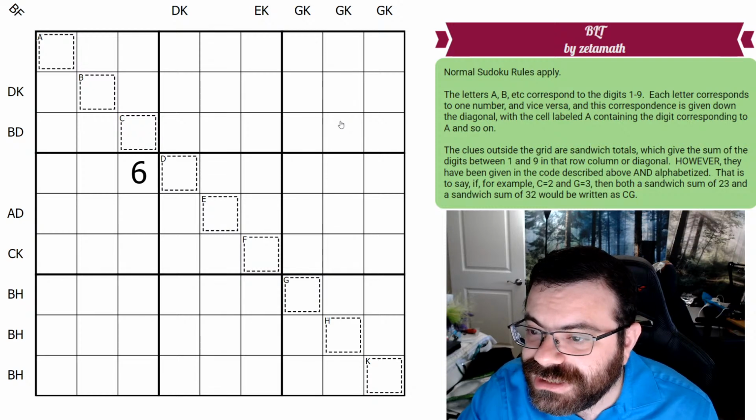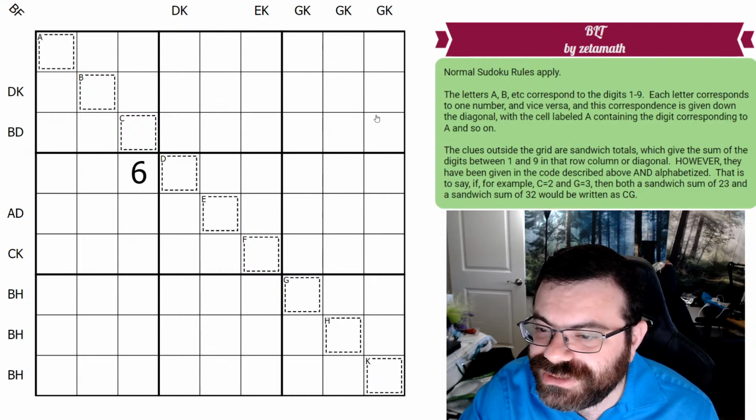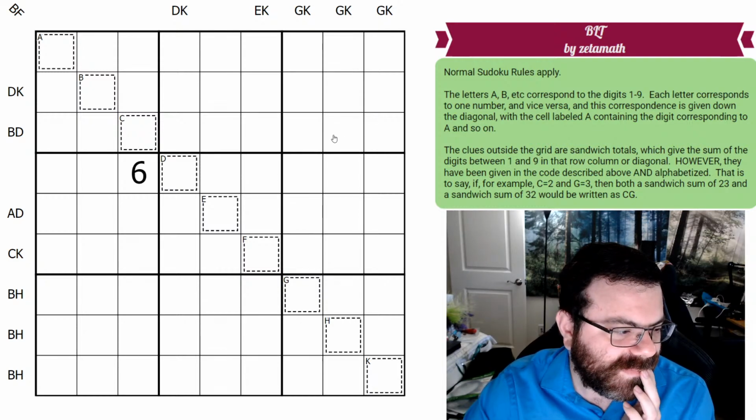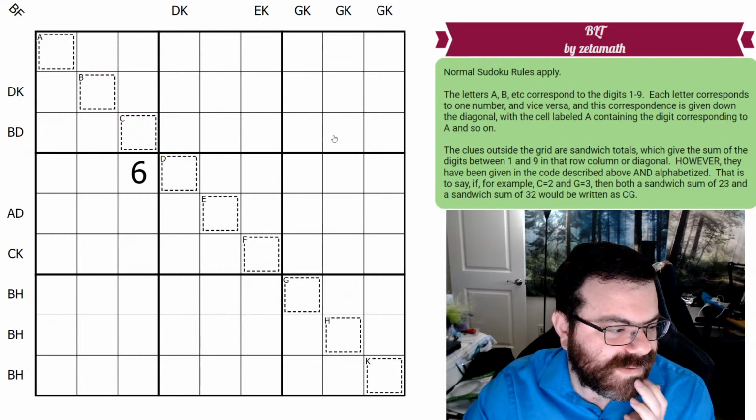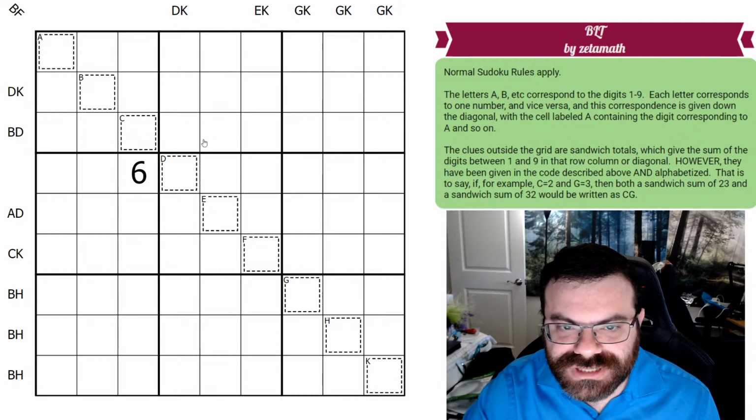However, they have been given in the code described above and alphabetized. That is to say, for example, if C equals 2 and G equals 3, then both a sandwich sum of 23 and a sandwich sum of 32 would be written as CG. Okay. So this DK, for example, would be this digit and this digit, whatever they are.